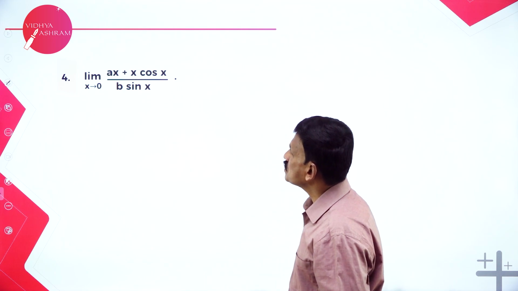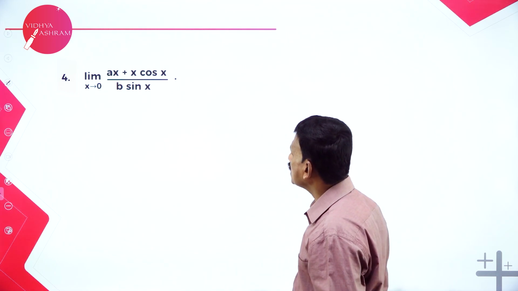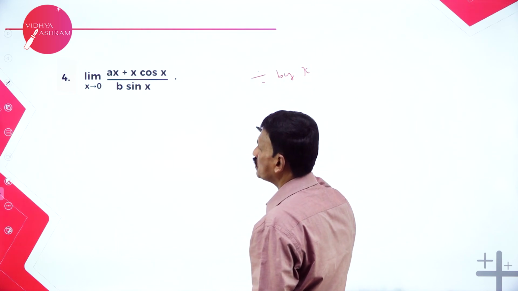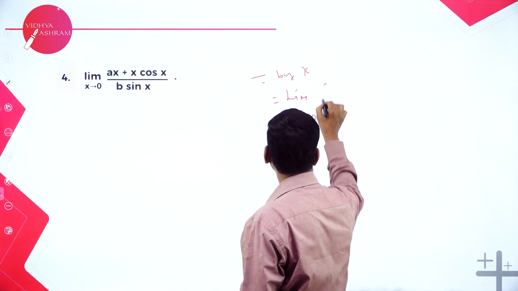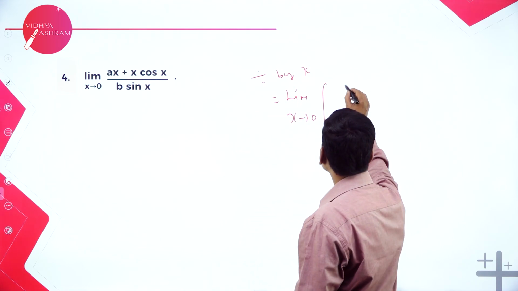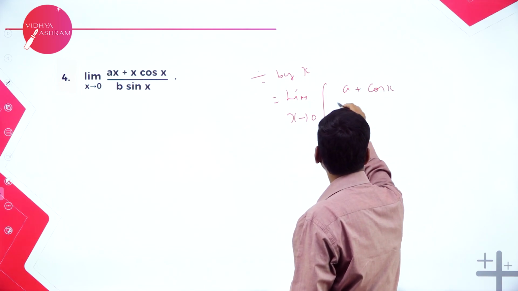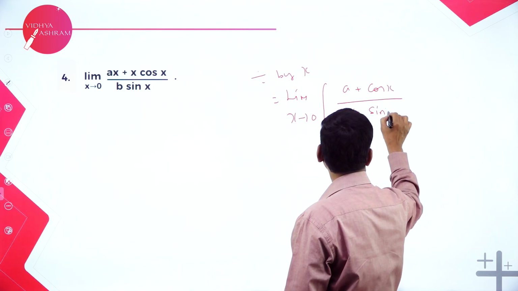Now limit x tends to 0 of ax plus x cos x divided by b sin x. Now very simple, just divide by x both in numerator and denominator. Then this becomes limit x tends to 0 of, term by term division, x gets cancelled, a, again x gets cancelled, cos x divided by, in the denominator, b as it is, sin x by x.